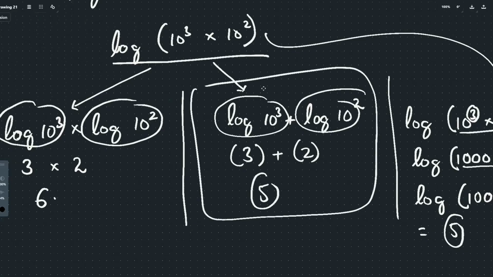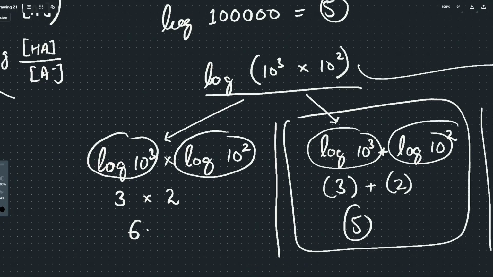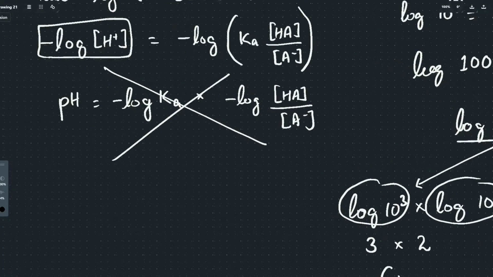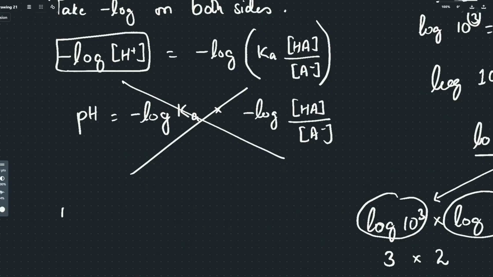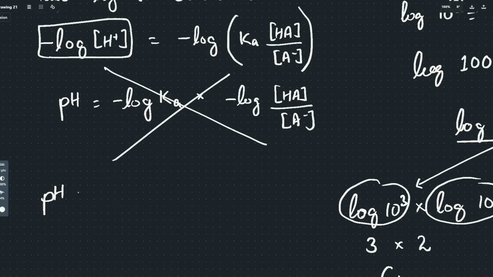If we have a multiplication sign like this and we want to simplify it, we have to replace it with a positive sign. We cannot multiply the answers to the log like this. So that is why this one is wrong. If we want to expand it, we have to write it like this, negative log of k positive, not k positive, Ka, right?